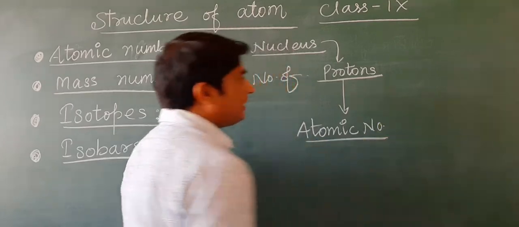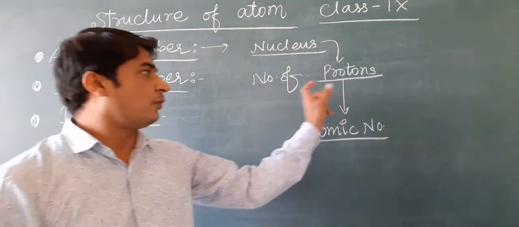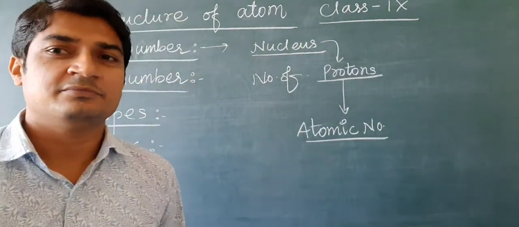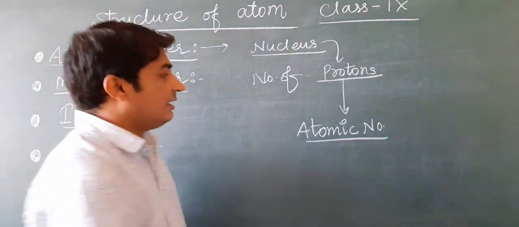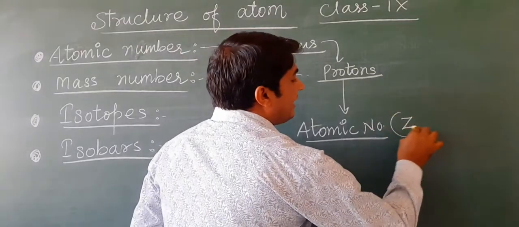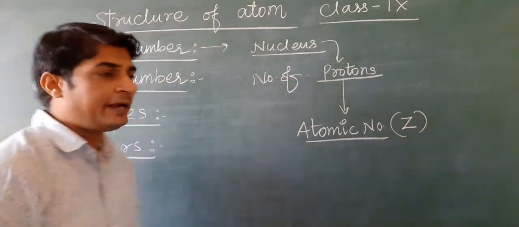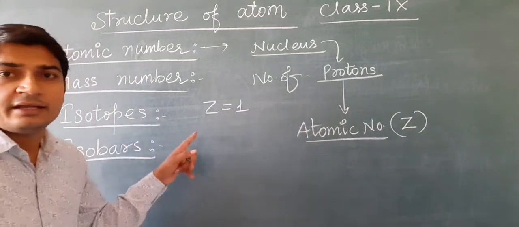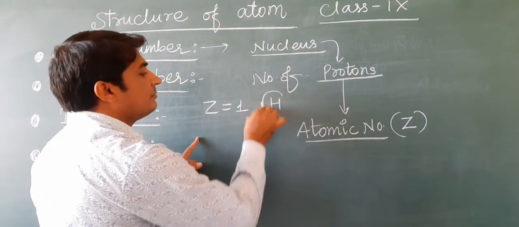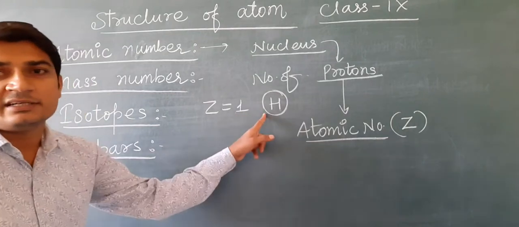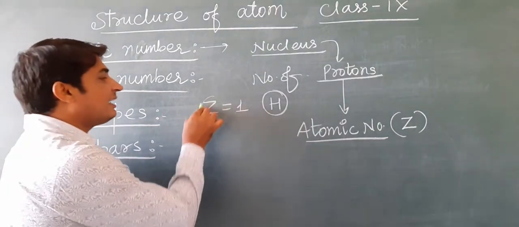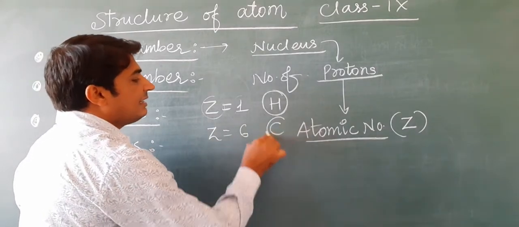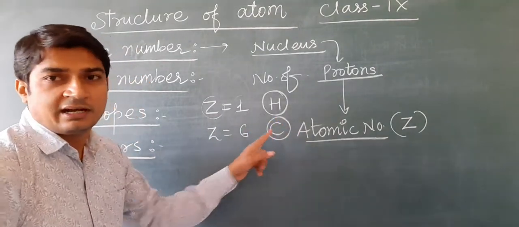Okay, so what is atomic number? The number of protons present in the nucleus of an atom. ठीक है, and it is represented by capital Z. For example, Z is 1 for hydrogen atom or hydrogen element. If Z is equal to 6, then it is the atomic number of carbon.